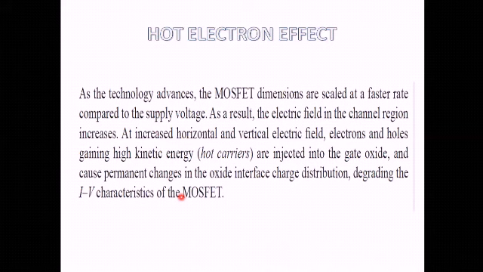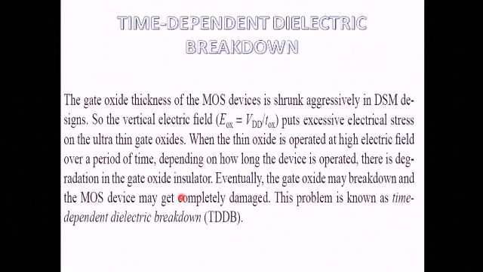So let us move to the next one, that is the time dependent dielectric breakdown. Now the gate oxide thickness of the MOS devices is shrunk excessively in the DSM designs. So the vertical electric field, EOX, is equal to VDD by TOX. This vertical electric field puts excessive electrical stress on the ultra thin gate oxides.